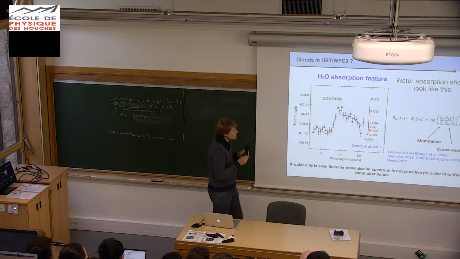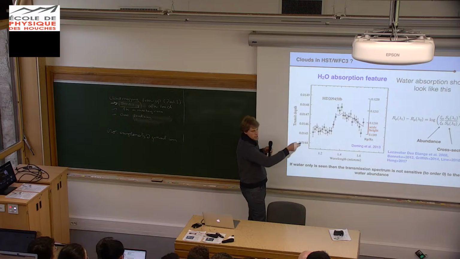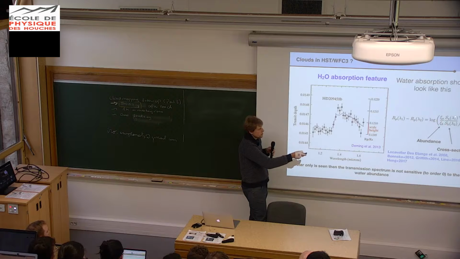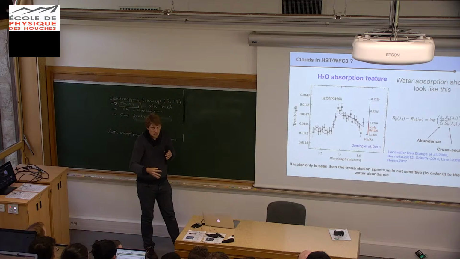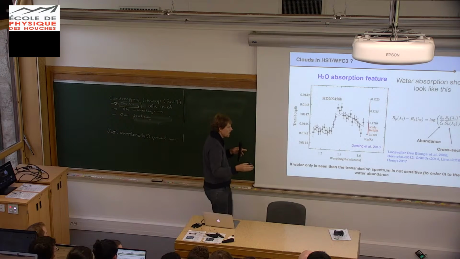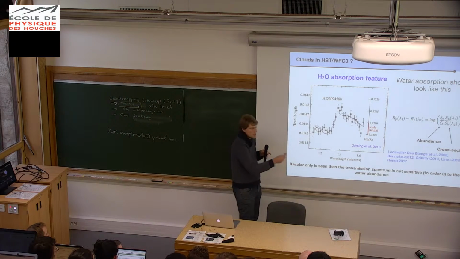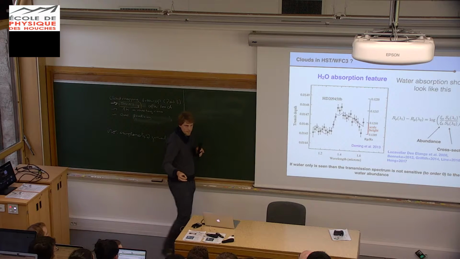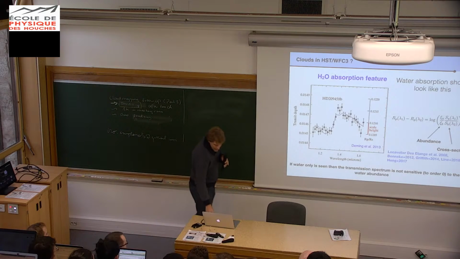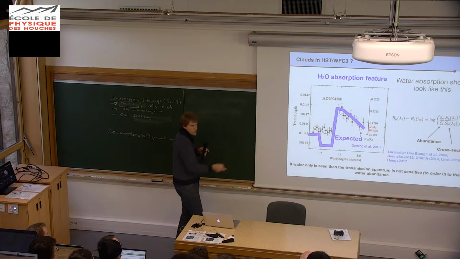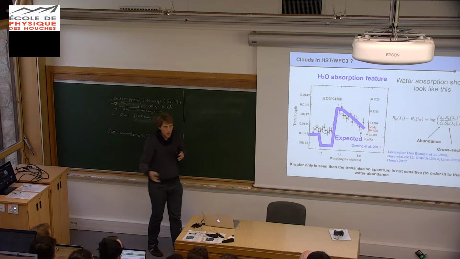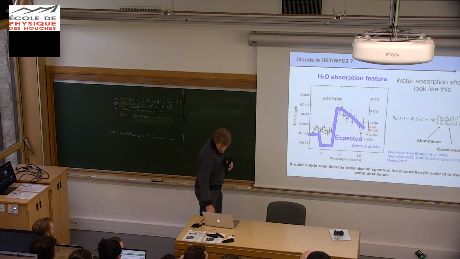If you assume that water is what's absorbing in both places, you're seeing the top and the bottom of the band, and the abundance goes away, because A equals B. So it's just the ratio of the cross-sections. What this is telling you is that at order zero, transmission spectra on a short wavelength range are not sensitive to molecular abundance. Funny, right? And actually that's true. If you make this calculation, you find that the water signal should be the same, whatever the water abundance you choose. So what's going on?